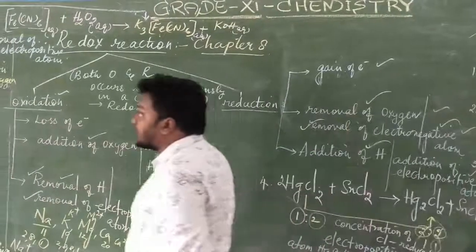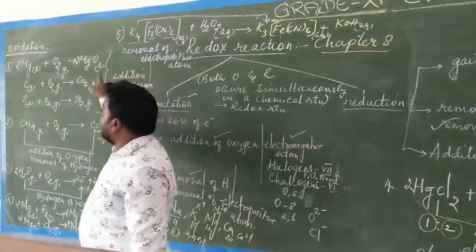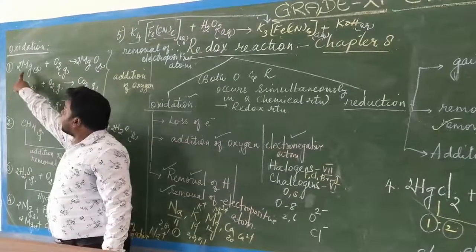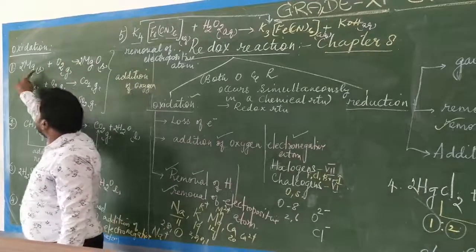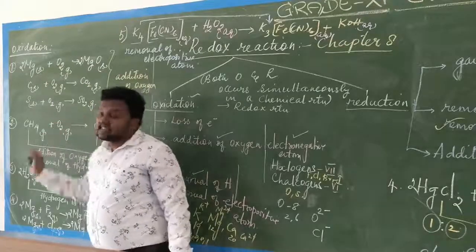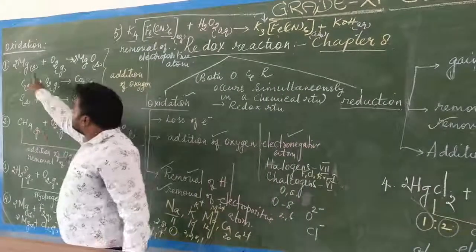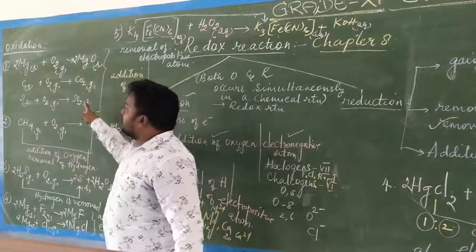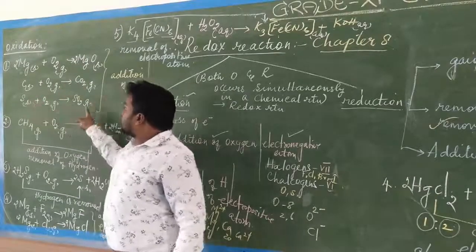Now coming to the reactions for oxidation, the first example is addition of oxygen. I have taken electropositive metal, magnesium, Mg, with oxygen, giving rise to the formation of magnesium oxide. Similarly, carbon with oxygen gives carbon dioxide, and sulfur with oxygen gives sulfur dioxide.